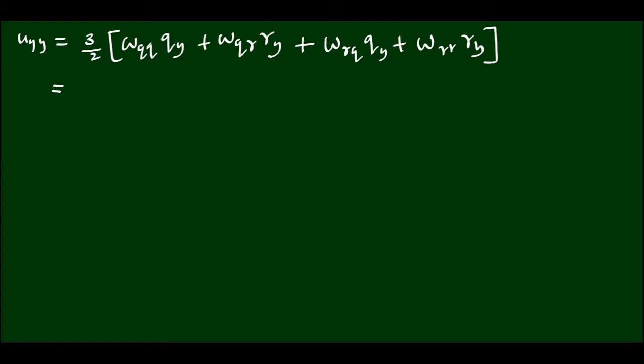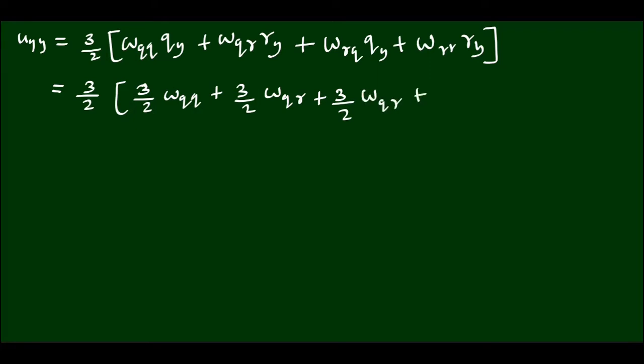qy and ry are equal to 3 by 2. So we will get 3 by 2 into 3 by 2 times wqq plus 3 by 2 times wqr plus 3 by 2 times wrq. wrq is equal to wqr.